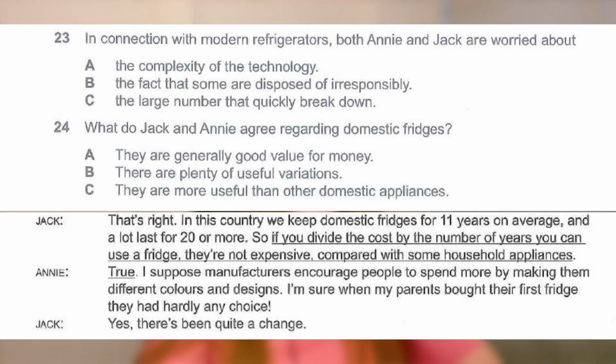And then Jack says, yes, there has been quite a change. He also agrees, but he agrees that variations changed. He doesn't agree with B answer where they say that there are plenty of useful variations. It's not about being useful, it's about just their design, color, and so on. He agrees about the change in design, not about being useful. So the answer is A.